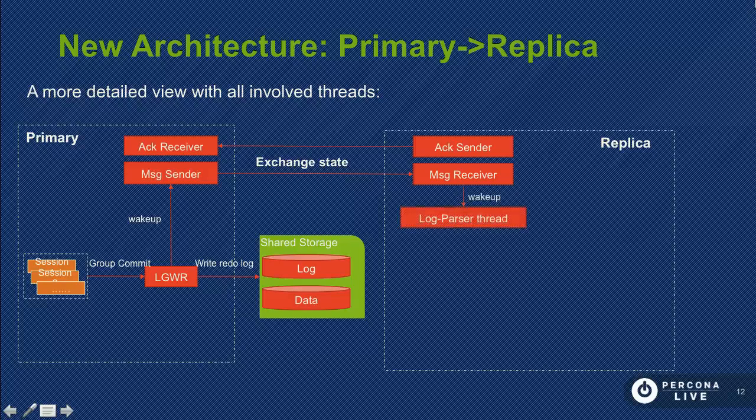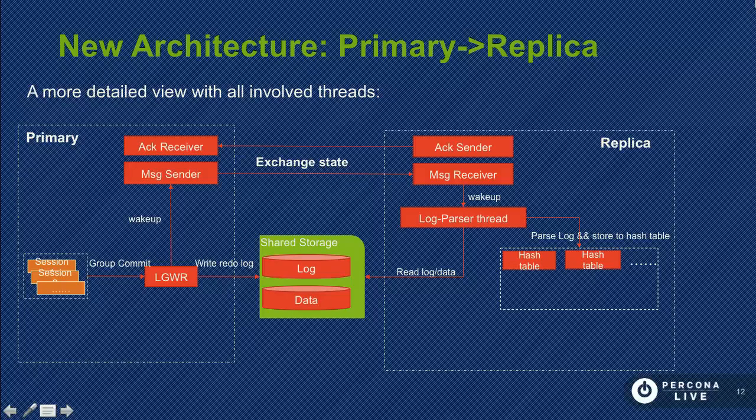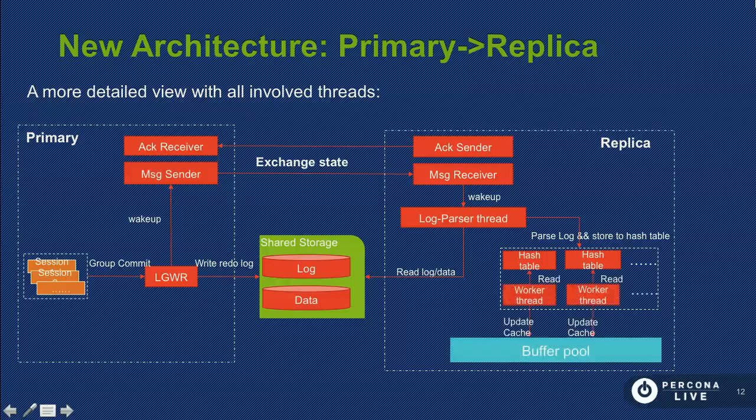Okay, so on replica, the message receiver thread will wake up the log parser thread, and then the log parser thread will read the log from the shared storage, and parse the log and store it to hash table. And besides the log parser thread, we create multiple worker threads, so we can apply redo log in parallel.